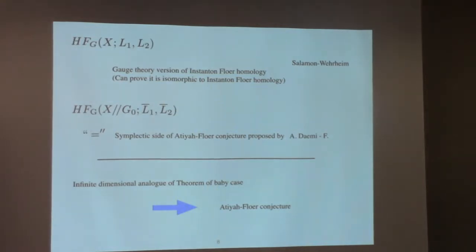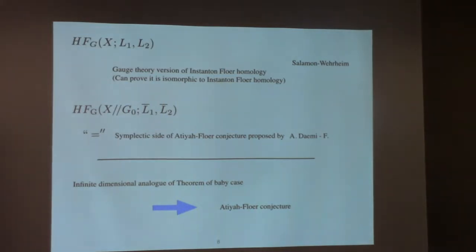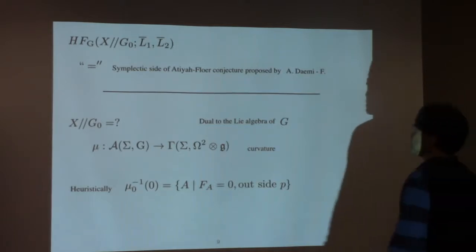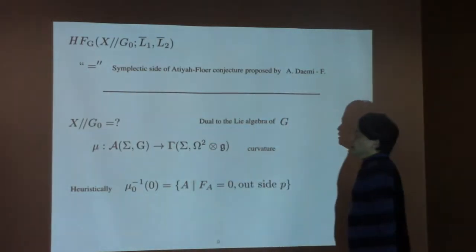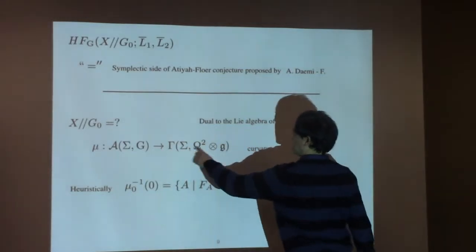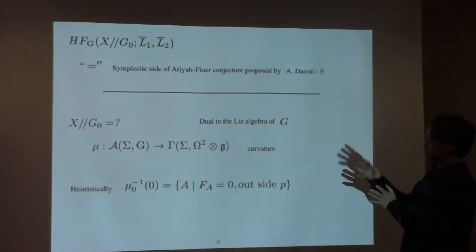However, as you can guess, the story does not go so easily. There are many things you have to think about. The issue is what is this symplectic quotient? So we consider this curvature map, but then you take the quotient by G_0.